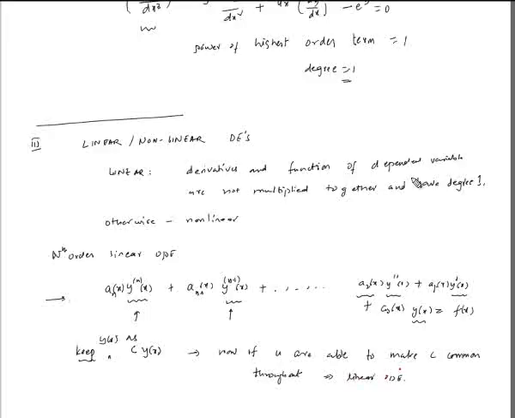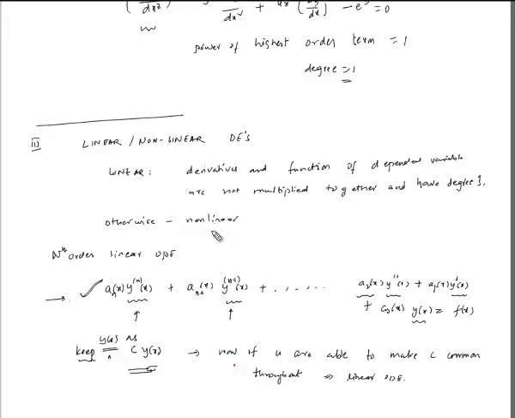So basically if you have products, then the constant c you cannot remove common throughout. So one way to check whether an ODE is linear or non-linear is basically expressed in this form. Otherwise, just keep y of x as c into y of x, and if you are able to remove c common throughout, then it's a linear ODE.